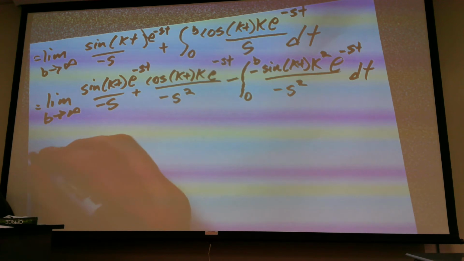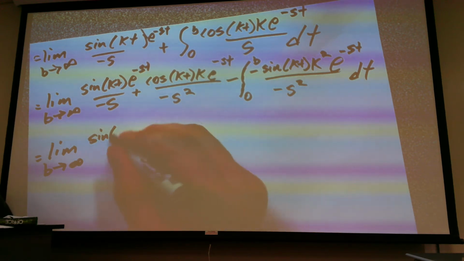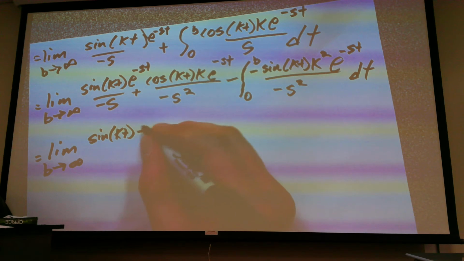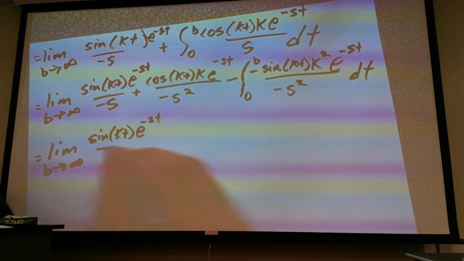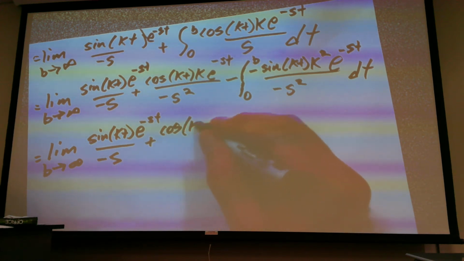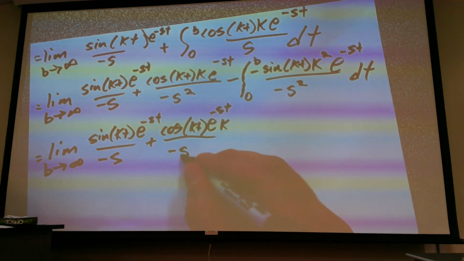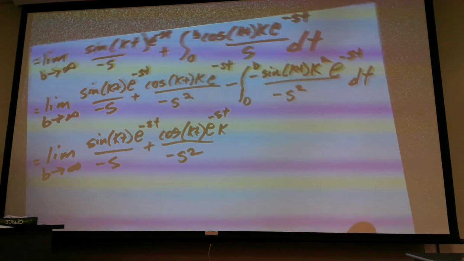Okay, so that's going to equal the limit as b tends towards infinity of sine of kt e to the minus st, now divided by negative s, okay? And then plus cosine of kt e to the minus st, sorry, I lost a k, divided by negative s squared.